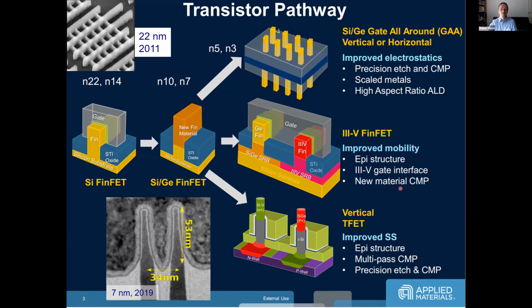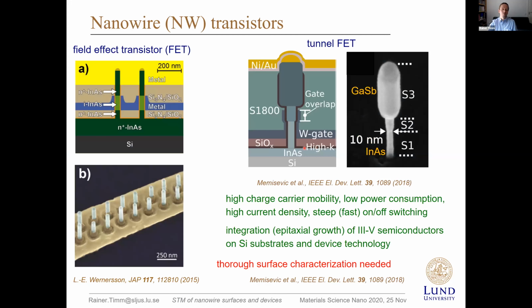And all these concepts can well be realized with such semiconductor nanowires, which by their nature already have this three-dimensional structure. If they are used as a channel for the transistor, the gate material will automatically be all around, as seen here in the sketch or in the SEM image here.